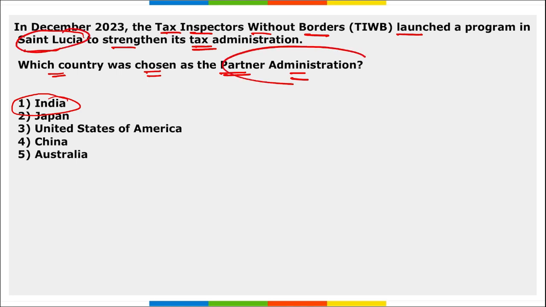As a part of this program, India will be collaborating and helping to strengthen the tax administration in St. Lucia. A 12 to 15 months program will be there, and tax experts from India will be helping the experts in St. Lucia.